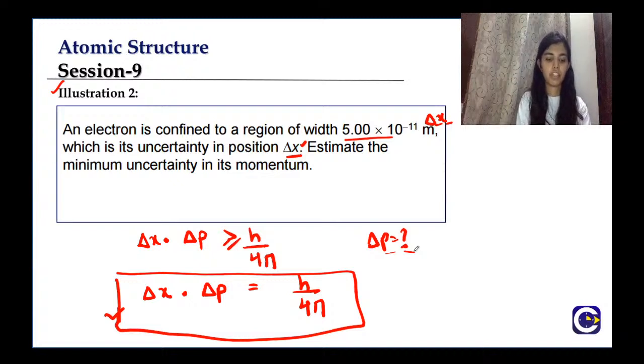What should be the answer for this particular question? Comment down fast. Only you have to put the values. Delta x as 5 into 10 raised to the power minus 11. Delta p you need to find out. h as 6.62 into 10 raised to the power minus 34. Pi as 3.14. Find out the value of delta p.